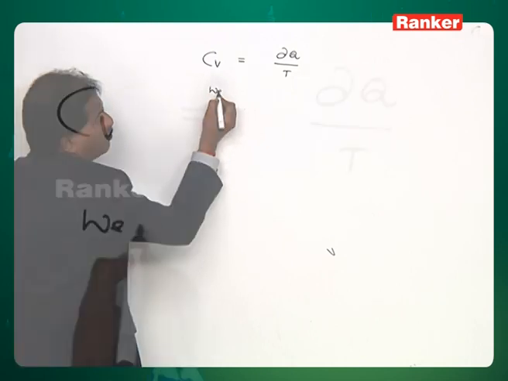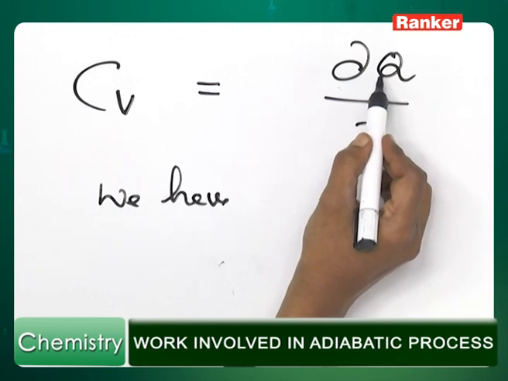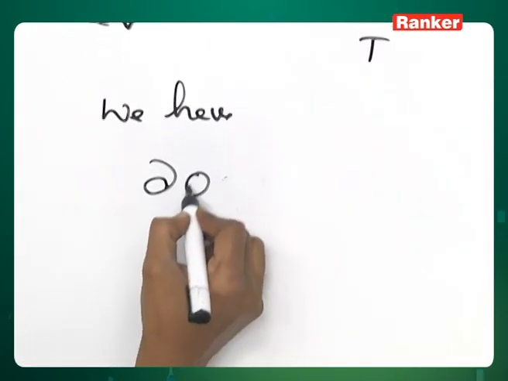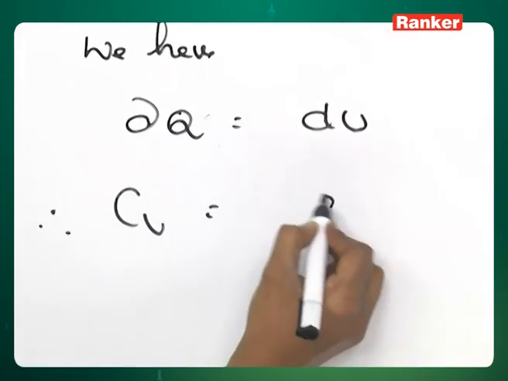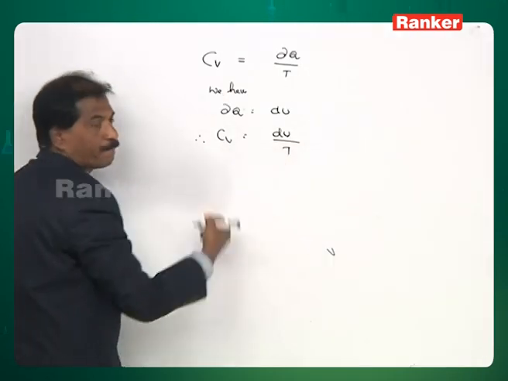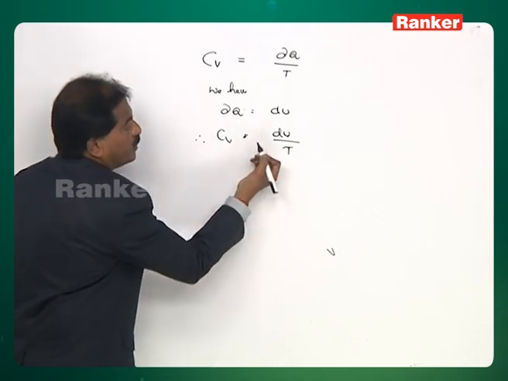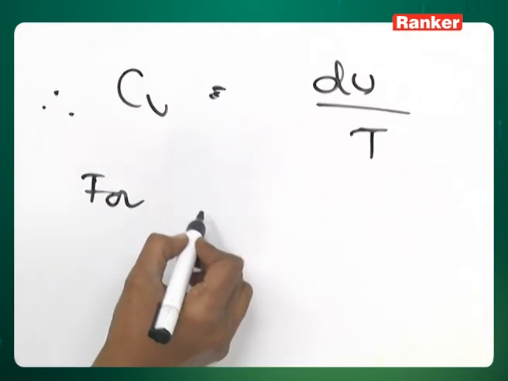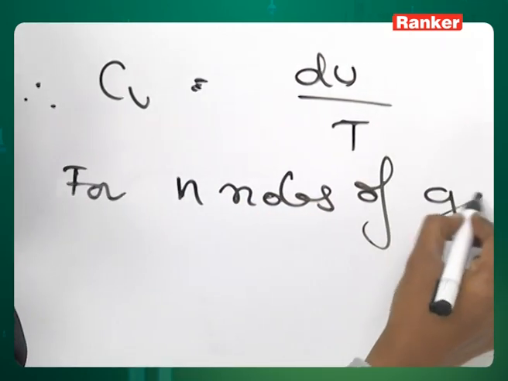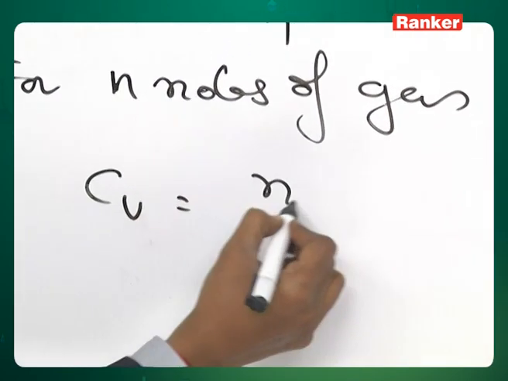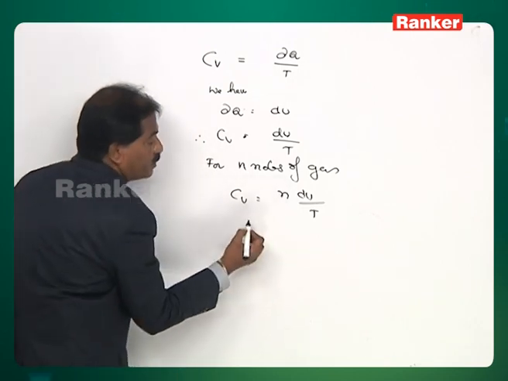Next, at constant volume, we already know that the heat exchanged with the surroundings is equal to internal energy change. Therefore, dQ is equal to dU. Therefore, Cv is equal to dU upon dT. Next, for n moles of the gas, Cv is equal to n dU by dT.